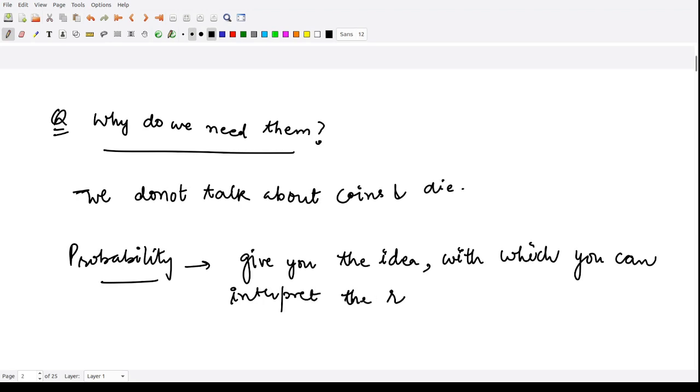Which things? In fact, the random events that are occurring around you. Because actually in real life everything is random and we have a lot of uncertainty with us. Random events that are occurring around us.